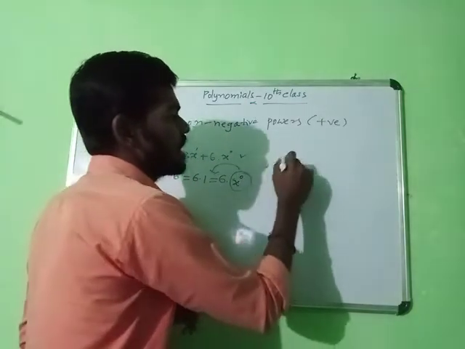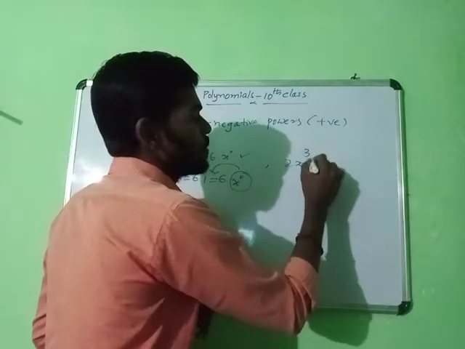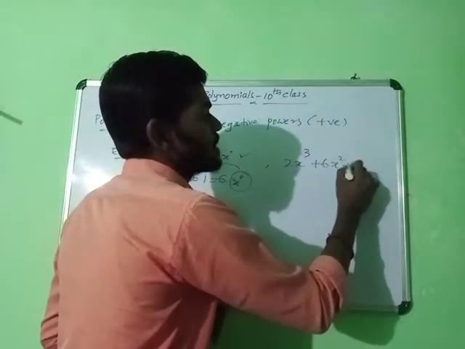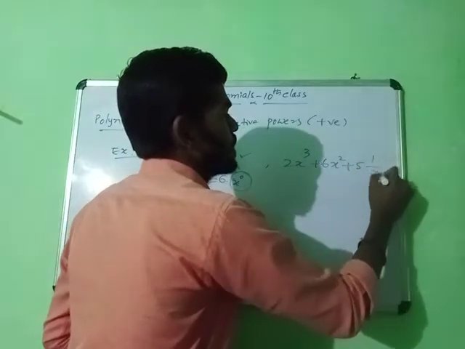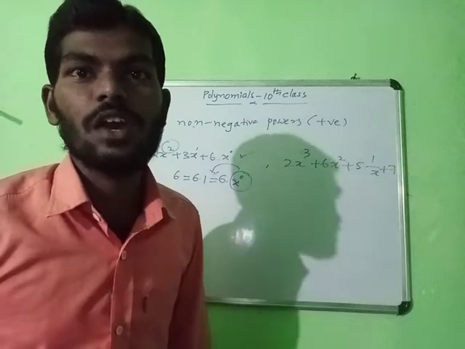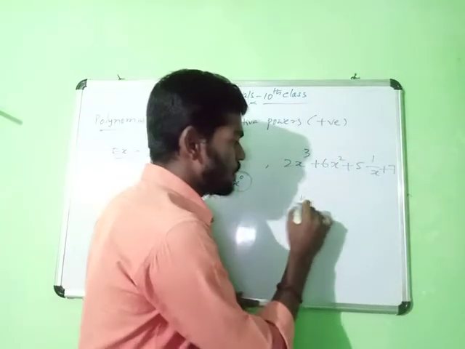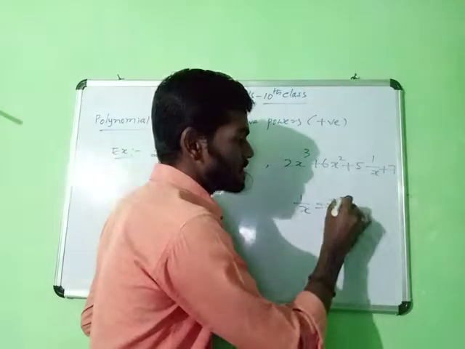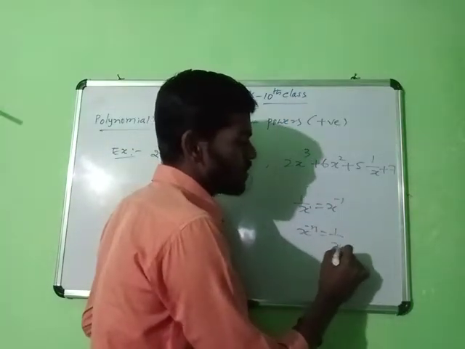Next, take another example: 2x cubed plus 6x square minus 5 into 1 by x plus 7. Now 1 by x is there. 1 by x is equal to x power minus 1, by the formula x power minus n equals 1 by x power n.